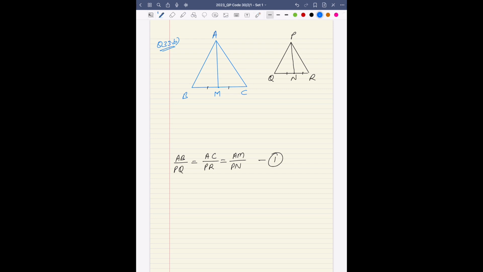Okay, so focus on finding BAC. How do we find it? First, extend this. How will you extend it? You will extend it to A dash, meaning AM is equal to A dash M. It will be the same. Okay, and join this. This is one triangle we'll make. Why are we making this? I'll tell you.